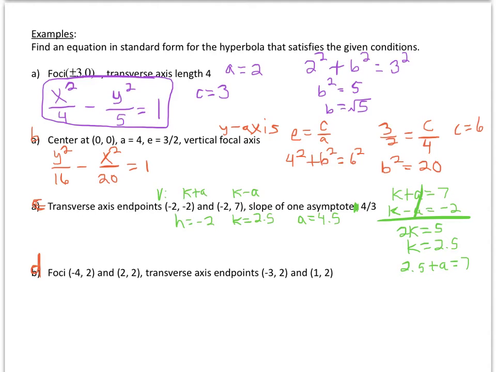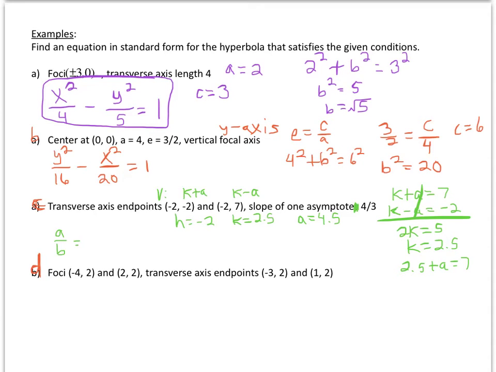We have h, k, we know what a is, and then it says the slope of one asymptote is 4 over the square root of 3. So since this has to be from the second column of our chart because h stayed the same in both cases, then our slope for our asymptote is plus or minus a over b.